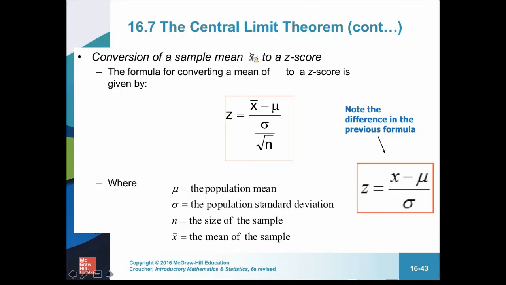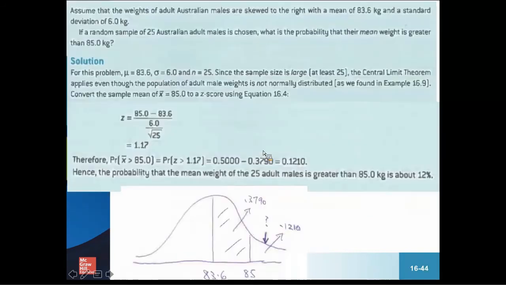So if you see a question that actually starts talking about a sample mean, and doesn't talk about an item of data as all of the last questions did, then you'll know you'll need a sample size. The moment you get that, hopefully that triggers that you need to use this formula, not this one. So watch out for that in questions. Watch out for sample sizes. You use this formula.